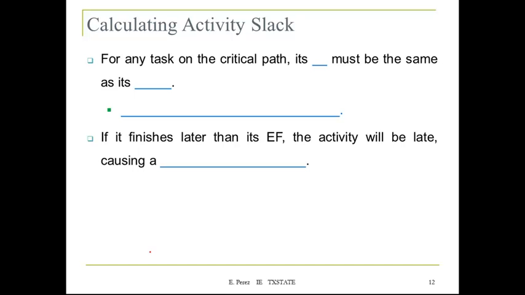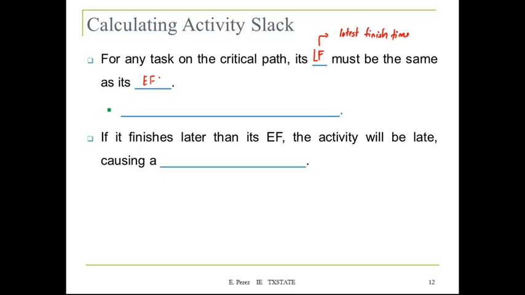So for any task on the critical path, its latest finish time, let me put that here, should be the same as what? If you are in the critical path, this latest finish time should be equal to something. So that will be the earliest finish time, correct?